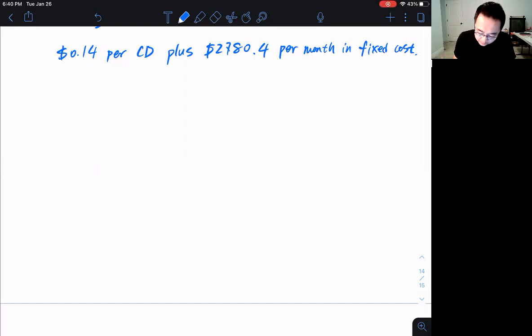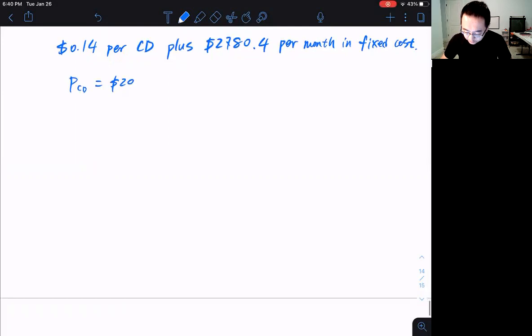Okay, and then let's say the price of your CDs is $20 each. I can't remember exactly how much they charge. I think it might be a little bit less than this, but this is the condition for the example here.